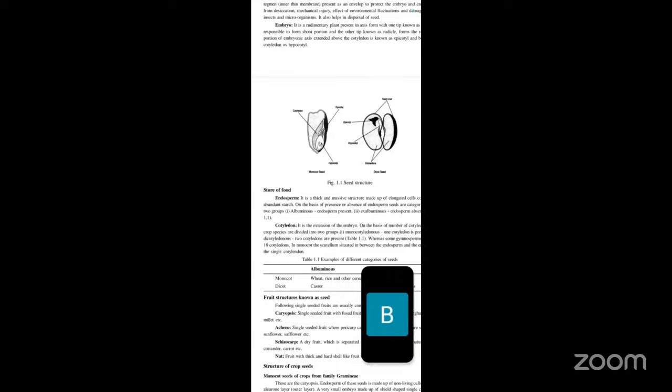There are three types of seed bank storage: short term, mid term, and long term storage.